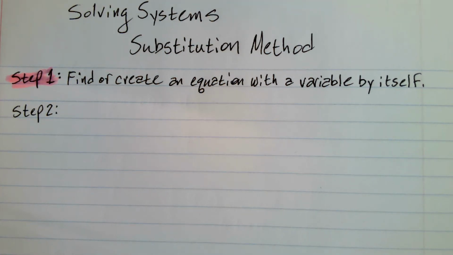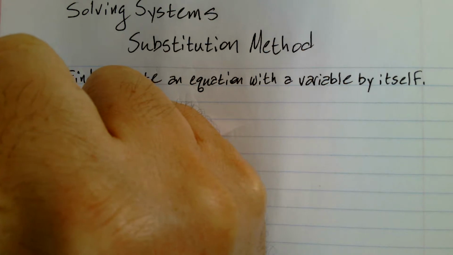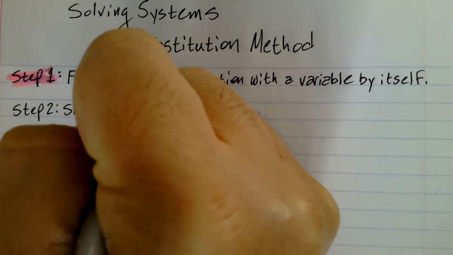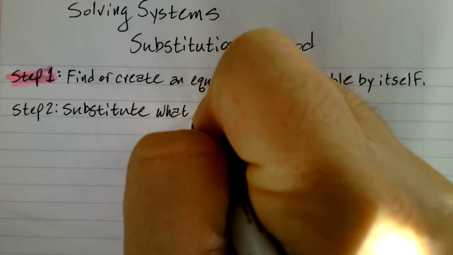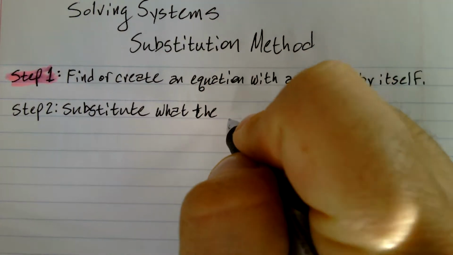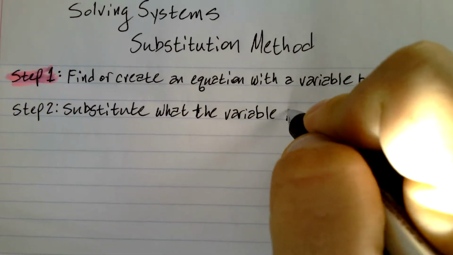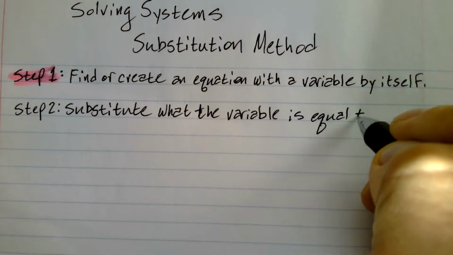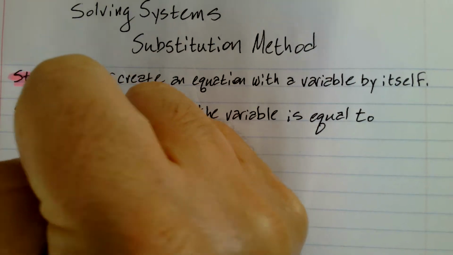All right, step two: substitute what the variable is equal to into the other equation. It's going to make sense once we start doing this. This is called the substitution step. So it's substitute what the variable is equal to into the other equation.